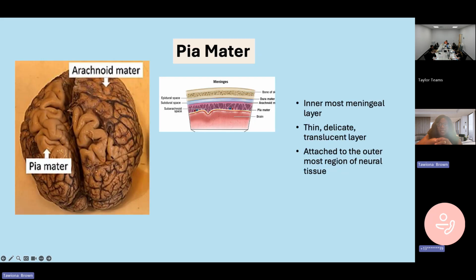And then lastly, you have your pia mater, which is the innermost meningeal layer. It's characterized as being very thin, very delicate, and very translucent, and it's attached to the outermost layer of the brain.